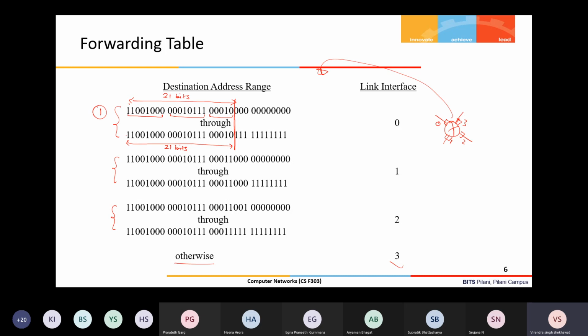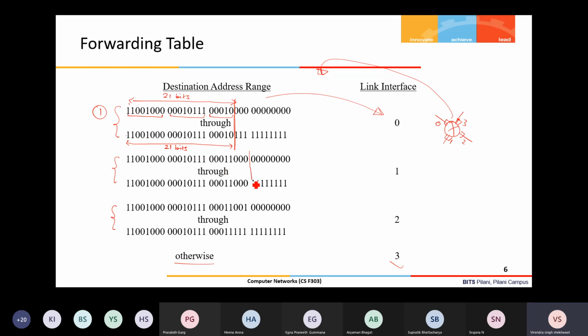I compare the leftmost 21 bits of the incoming datagram's destination address, and if they match these 21 bits, the datagram will be forwarded to interface 0. Similarly, you can check the others.